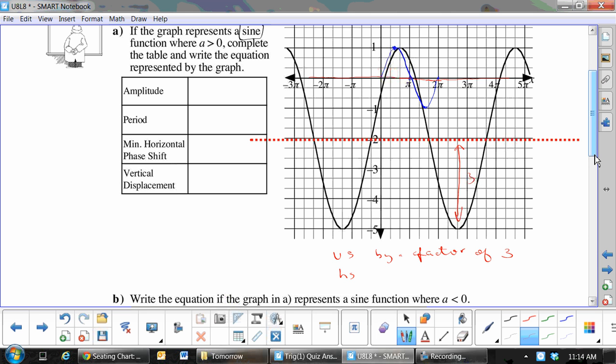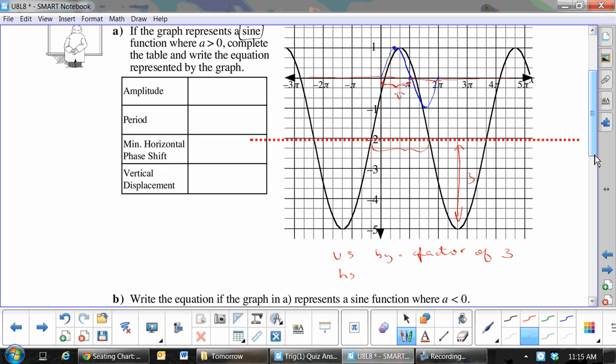Yeah, that's one way. The other way is, there's a couple ways to do it, but if you looked at this distance here, what is this distance? Right here. It's pi, correct? Now, that's supposed to match this distance here, right? You see that one?